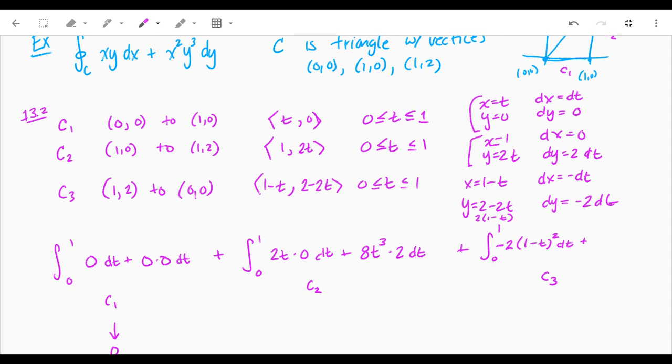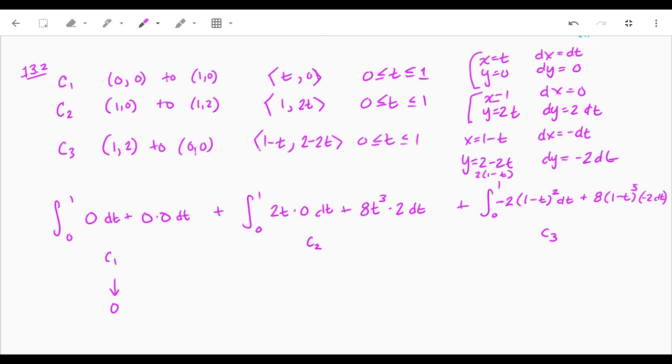And then x squared y cubed is going to be 8 times (1 minus t) to the 5th, and then dy will be negative 2 dt. I think I got it all now.